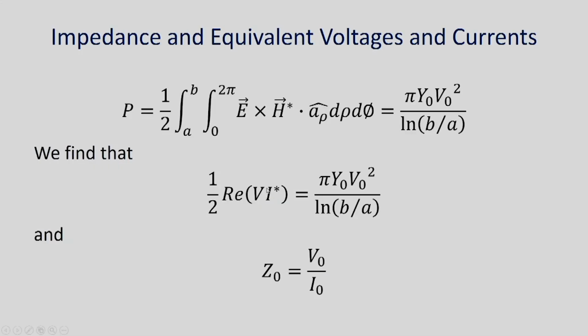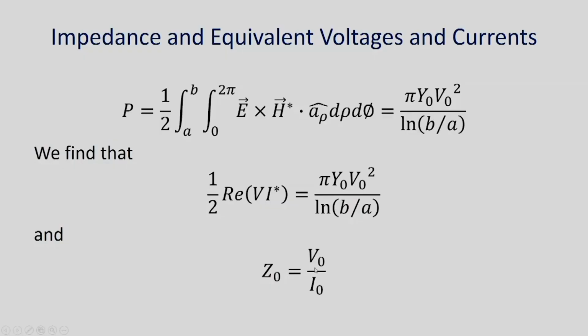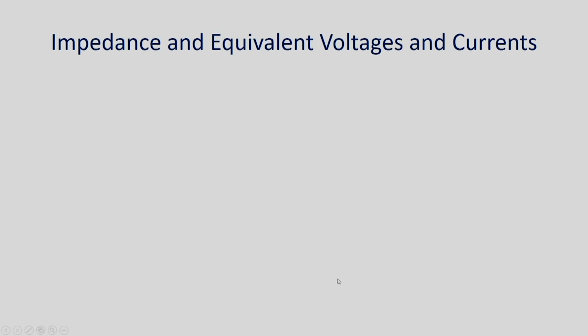So, these voltages and currents can essentially represent in an equivalent manner the transverse electric and magnetic fields, and we also find that Z0 is equal to V0 by I0, which is the characteristic impedance.